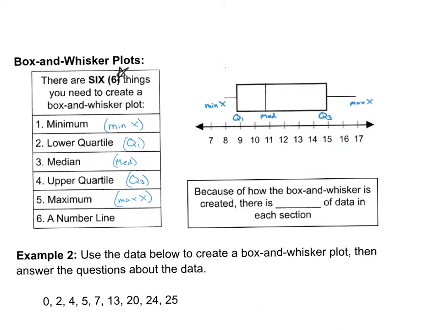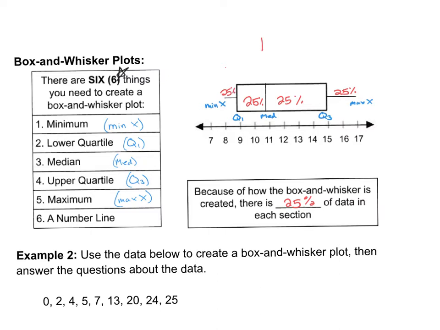Also remember, you will have to use that number line with equally spaced intervals and make sure all of that encompasses everything we need. And what this is also going to tell us is there's 25% in each section. Because we are splitting this data into 4 equal sections, that makes every part of this 25%.